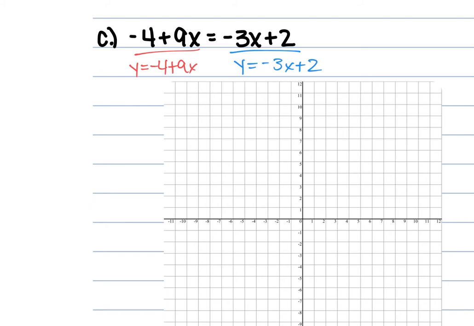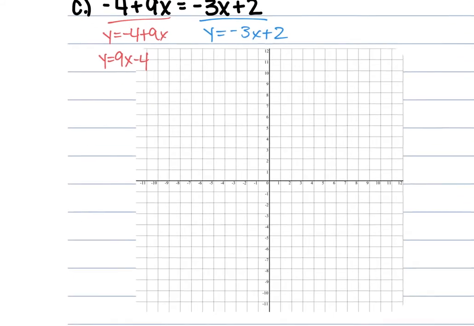Now, the red one, I want to rearrange it. Why would I want to rearrange the red one? Very good. We want to change it into slope-intercept form. What is the red equation in slope-intercept form? Andrew? Y equals 9x minus 4. Excellent. 9x minus 4.